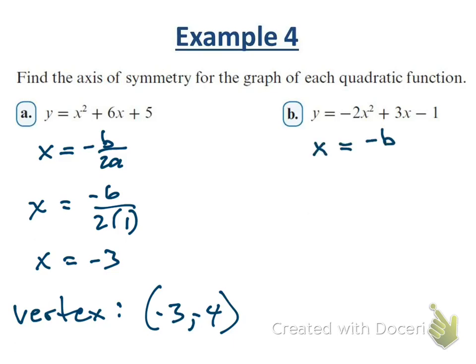Write the formula every time you use it today and tonight in homework, and you'll have it memorized for your test on Friday. X equals -b over 2a is our axis of symmetry.